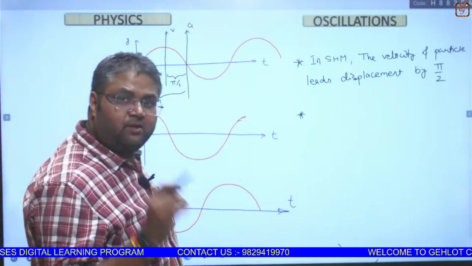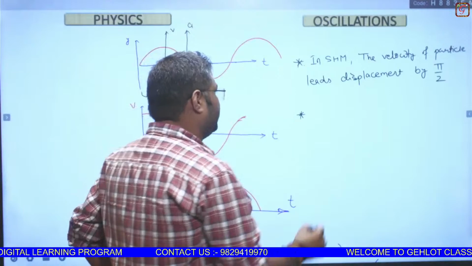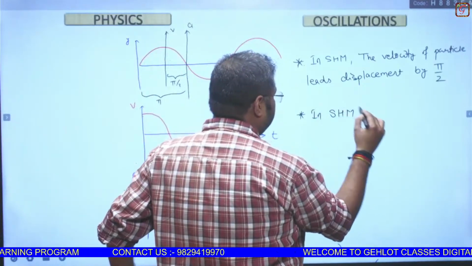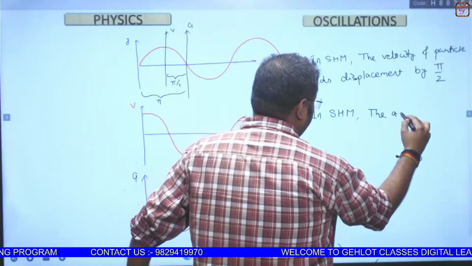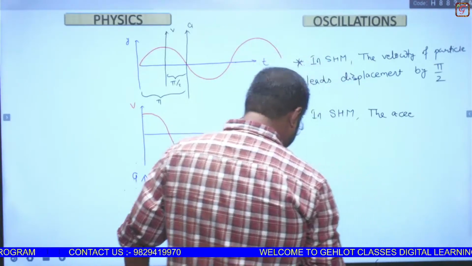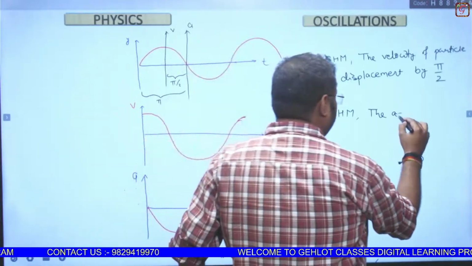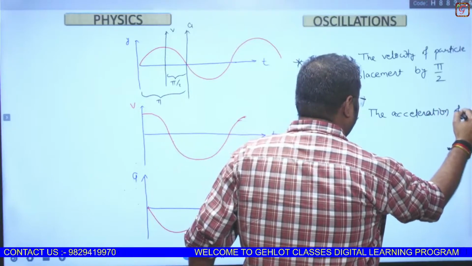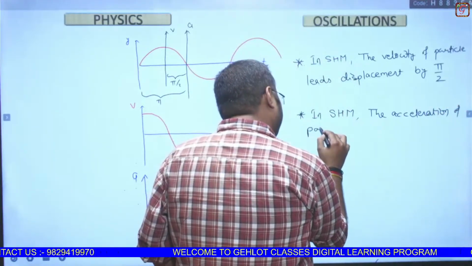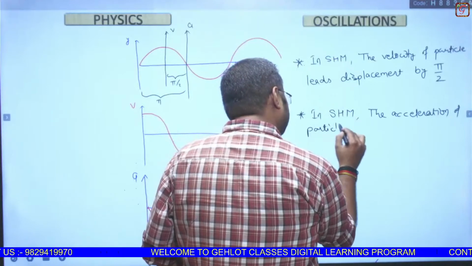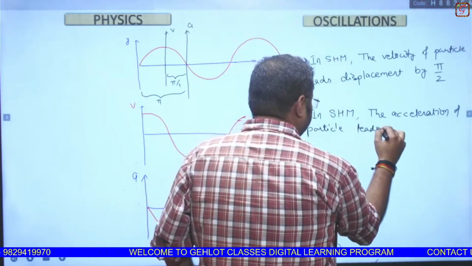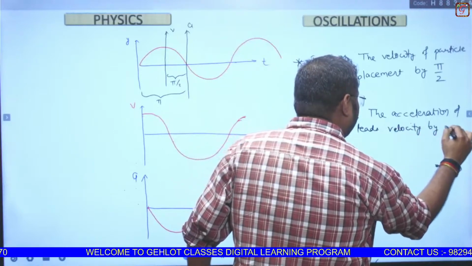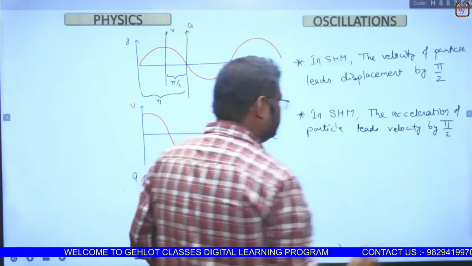So we can conclude two more things, that in simple harmonic motion the acceleration of the particle leads velocity by pi by 2.